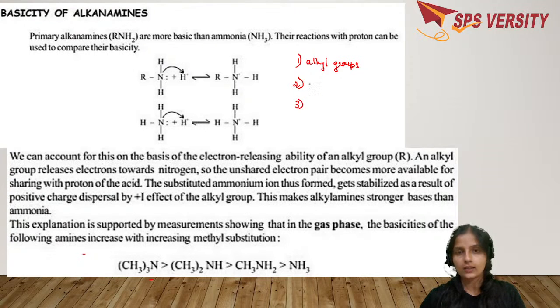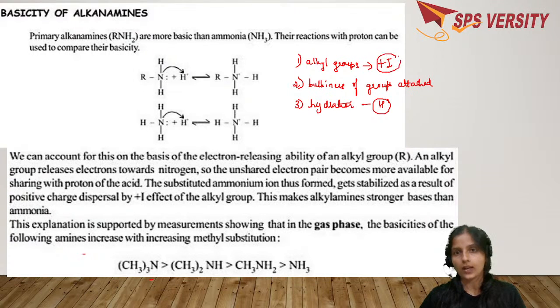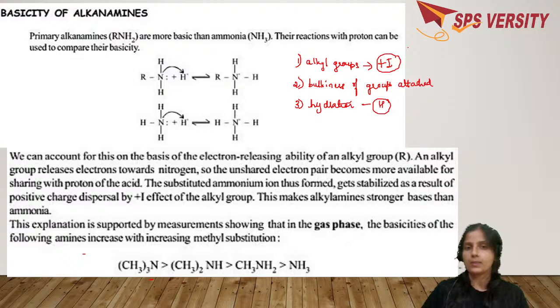And the third one, the solvation or the hydration in the solvent. This is depending on the hydrogens present. Alkyl groups result in the plus I effect. So depending on all these three, you are going to decide the basic strength of the amines.